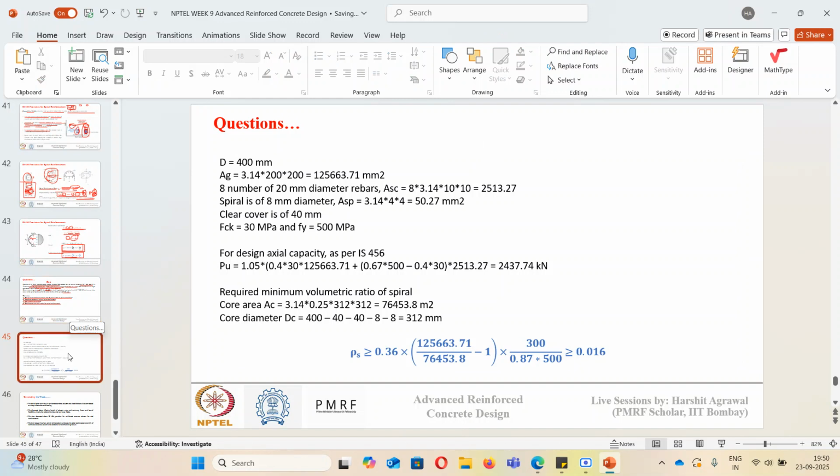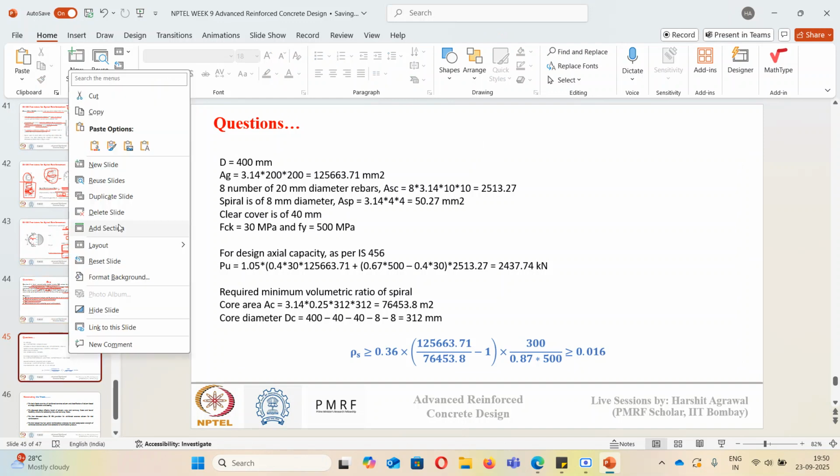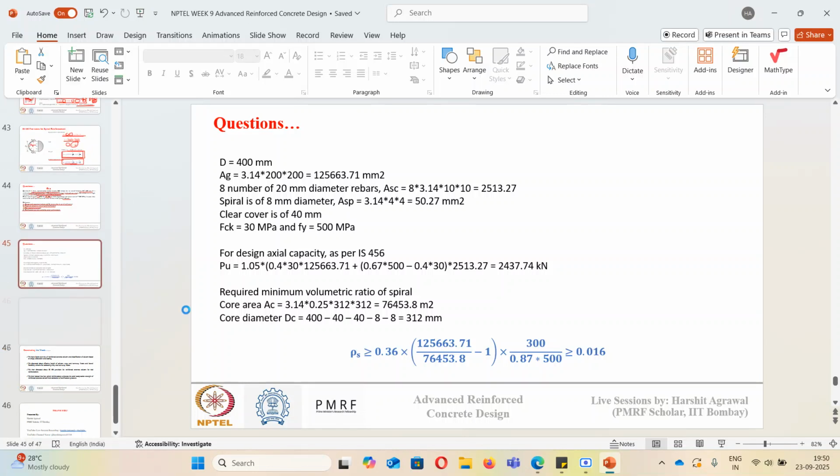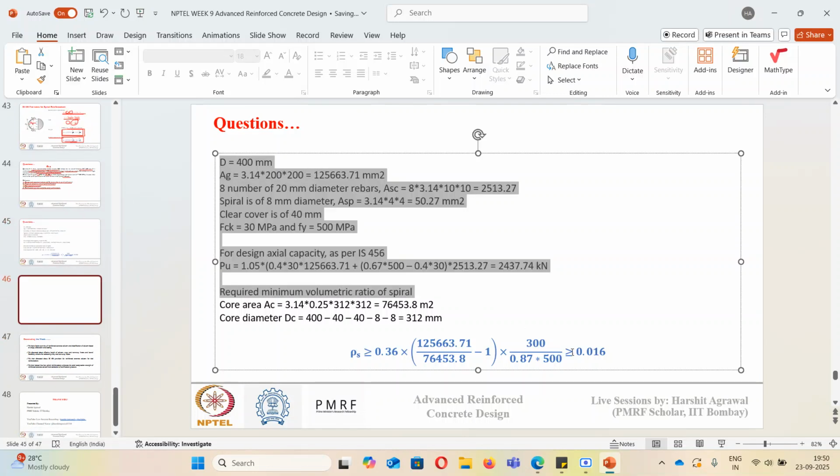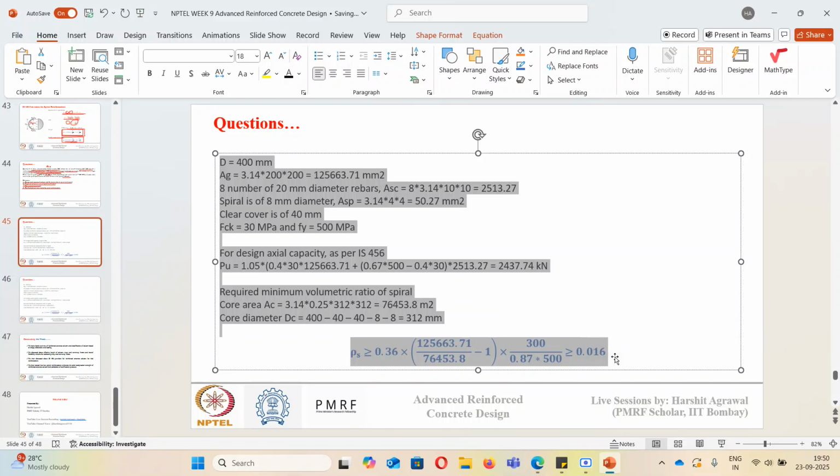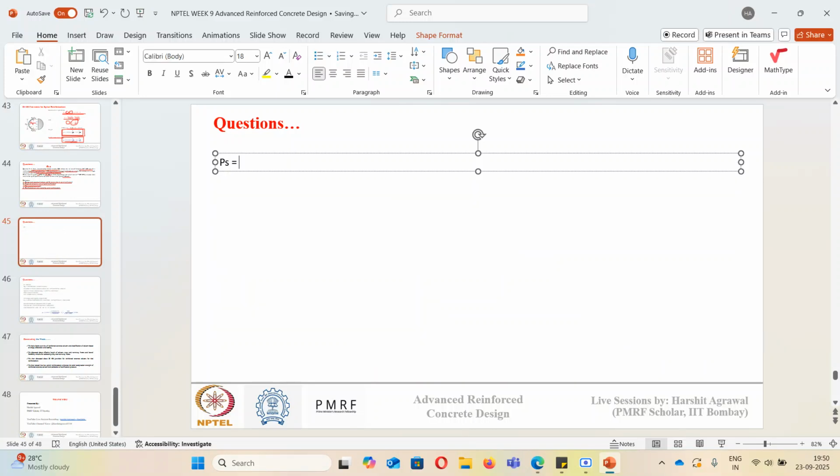So this is how we get the minimum volumetric ratio of spiral. For pitch, what is the pitch of this spiral reinforcement? So pitch PS of spiral will be given by 4 times ASP upon DC into S. Rho S we know, so S we can calculate.